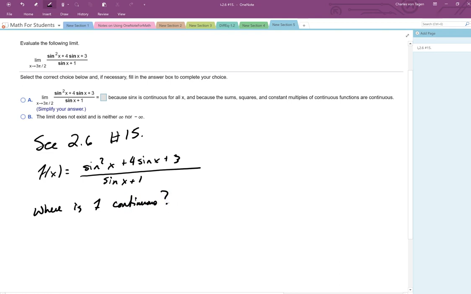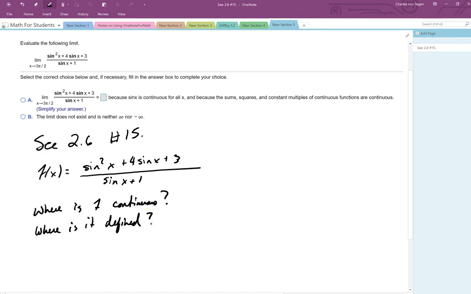Well, we had a theorem that said that for a function that's built up of trig functions and polynomial functions and the basic operations, this type of function will be continuous everywhere it's defined. So asking where it is continuous is the same thing as asking where it is defined. And that should be a question that you're maybe a little more familiar with.